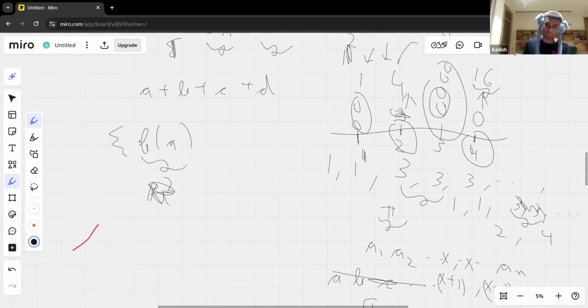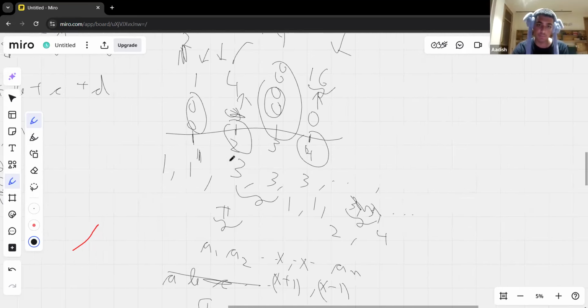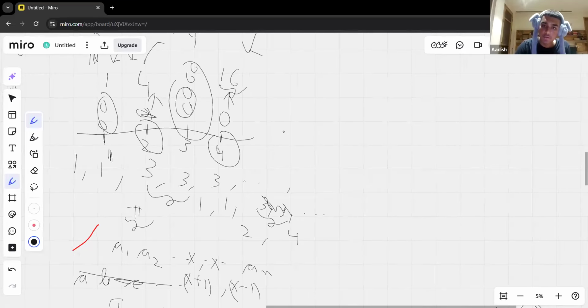You want to give some sort of weights to every position such that the monovariant is actually a monovariant. For example, we used squares, but in general, if I see this problem today, I'll think I want a monovariant, something that increases as I go from x to x minus 1, x plus 1.